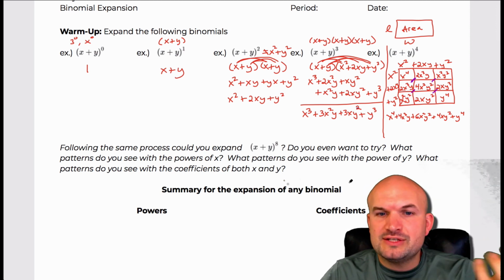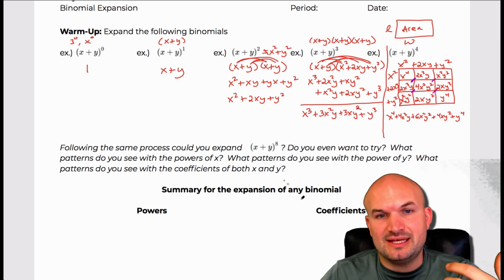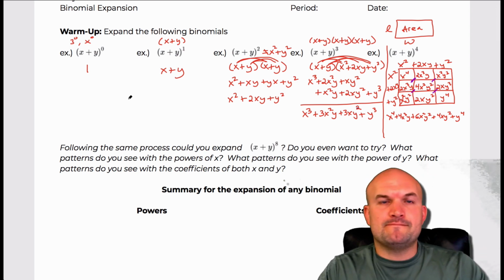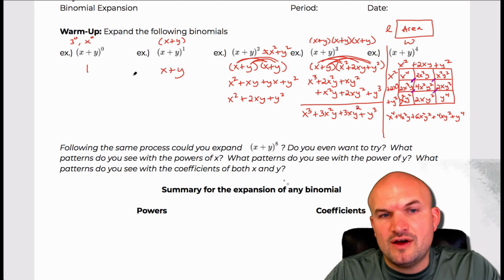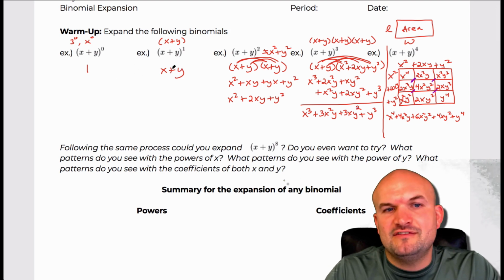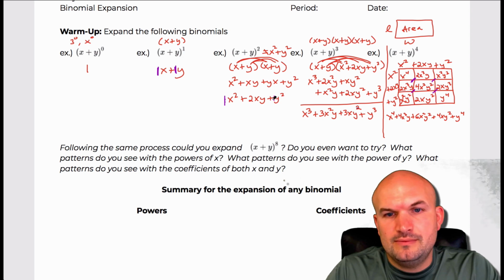So what we want to do is start looking at some patterns, and these are the patterns that are going to help us make things a little bit more efficient. If we look at the coefficients of our variables, we start to see some patterns. Let's look at the coefficients here. Well, that's really a 1, and that's a 1. Here we have a 1, 2, and a 1.